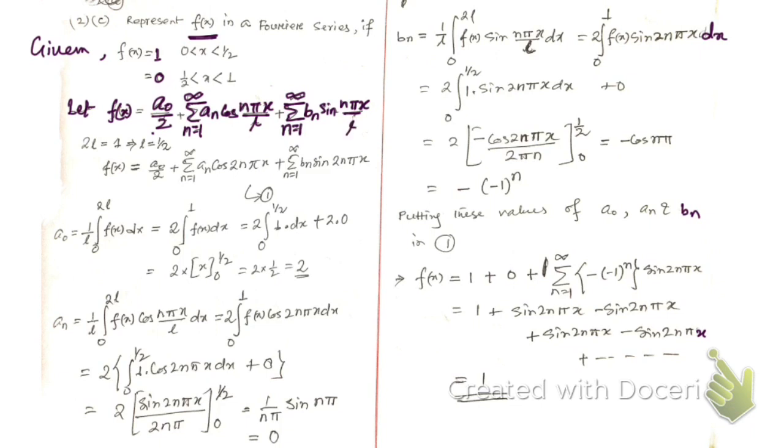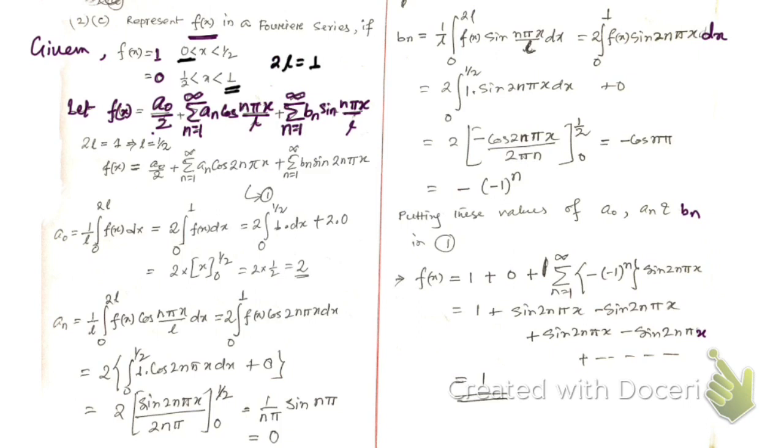Right? So now here you see the difference of the lowest and the highest limit. The difference is 1, and 1 should be considered as twice l, right?